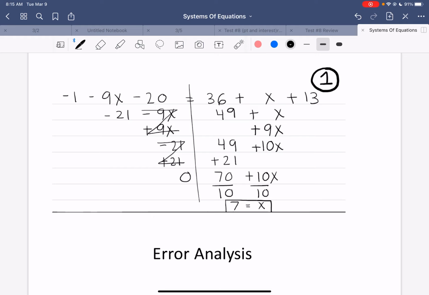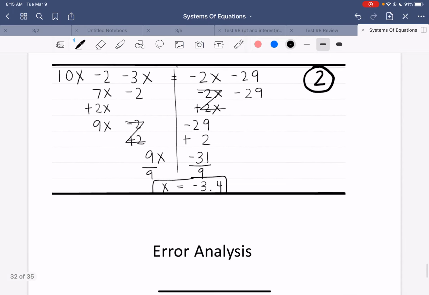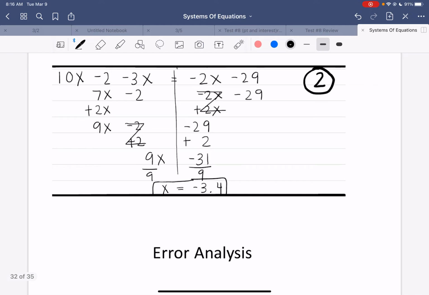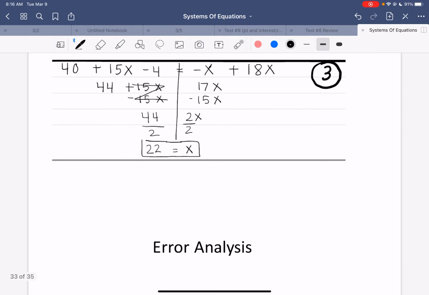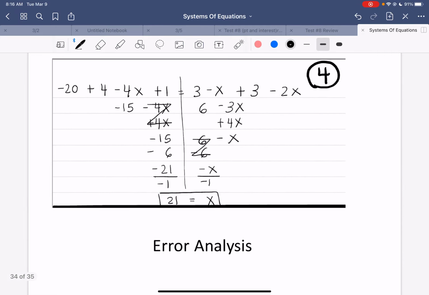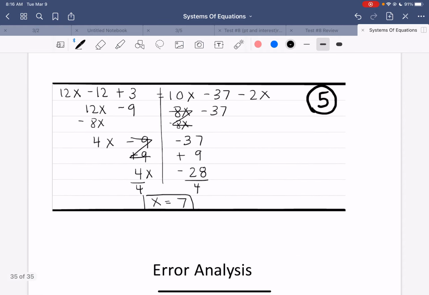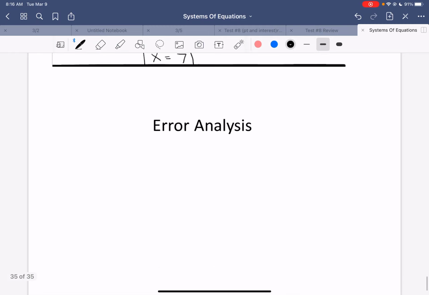Okay, so there's a couple of those. 1, pause. 2, see if you can find my mistake. Pause, and I think that is it.